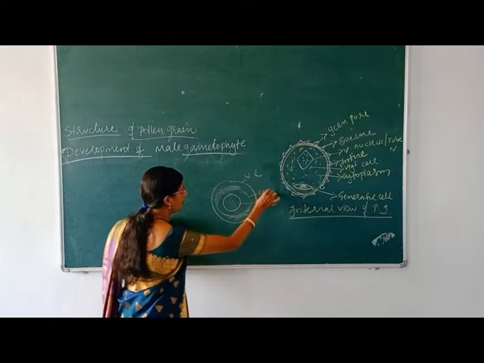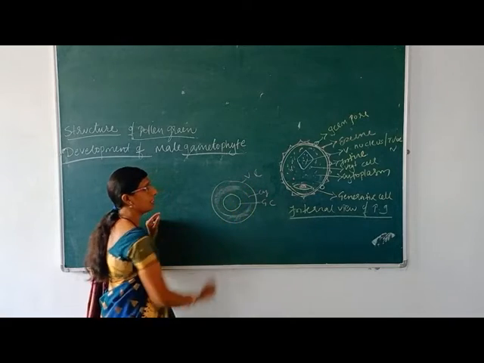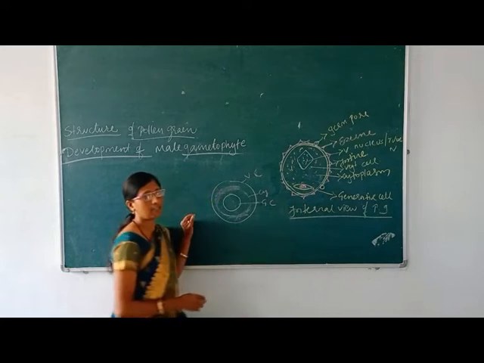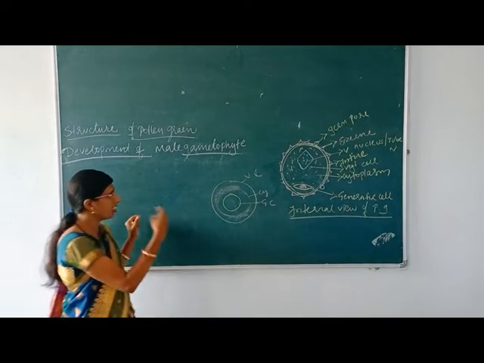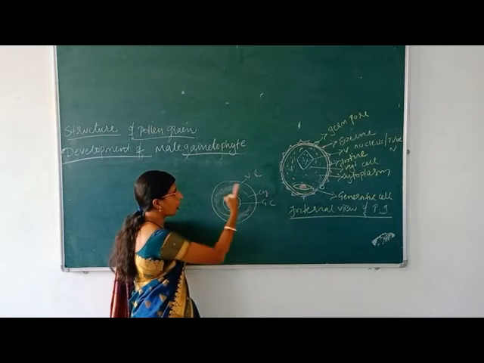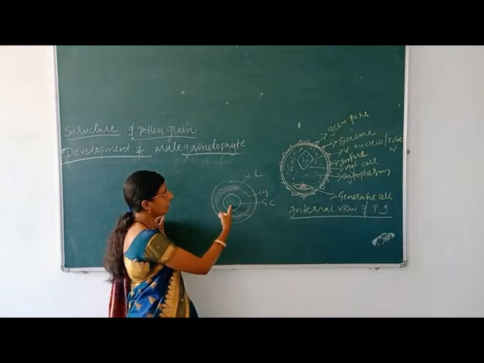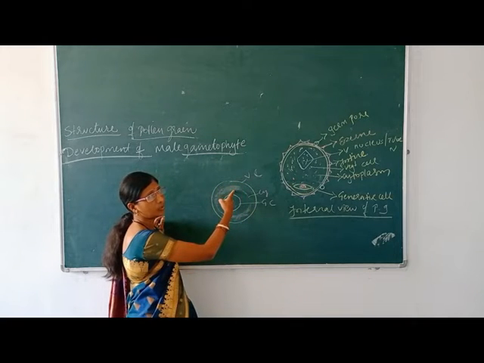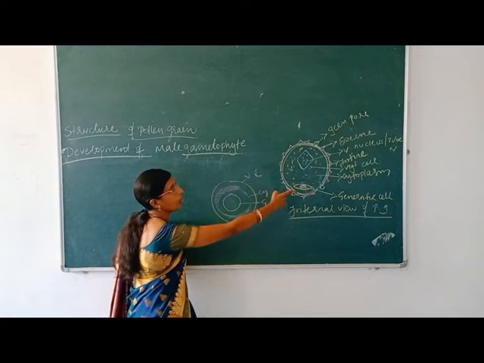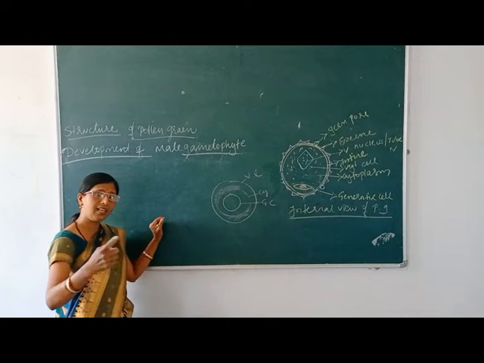The generative cell floats in the cytoplasm of the vegetative cell when the callus plug disintegrates. In short, as in the previous class, the generative cell is within the vegetative cell. So these two are called two cells, generative and vegetative. This is called a partially developed male gametophyte.